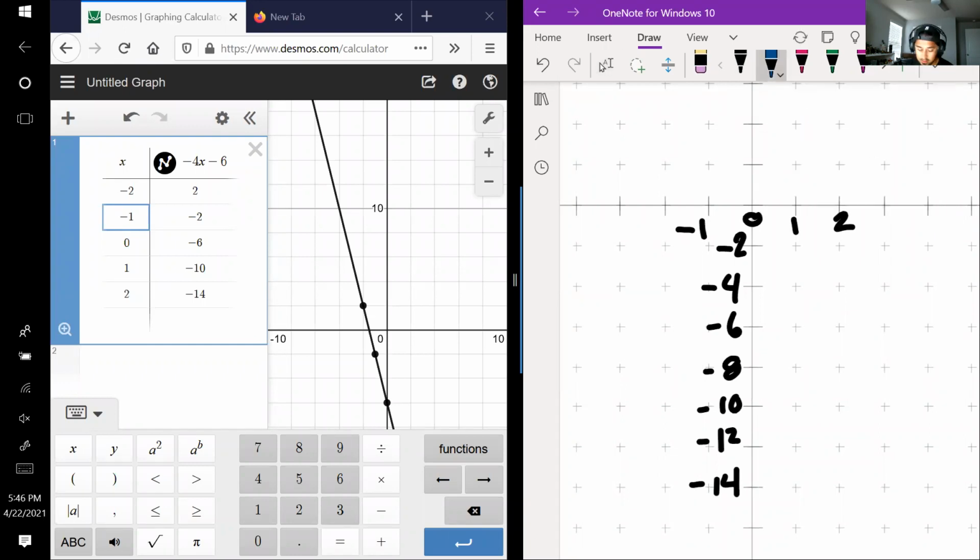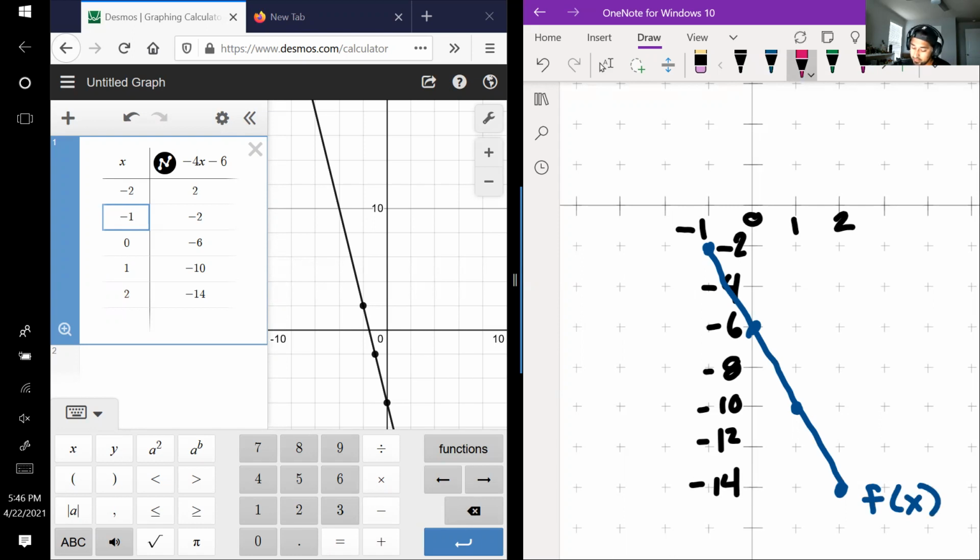And I'll get negative 1, negative 2, which is right there, 0, negative 6, 1, negative 10, and 2, negative 14, right there. So here is f of x. Okay.